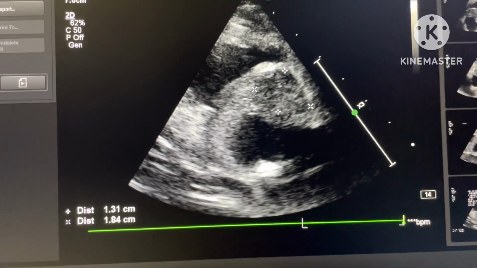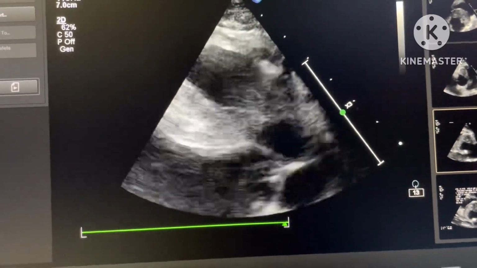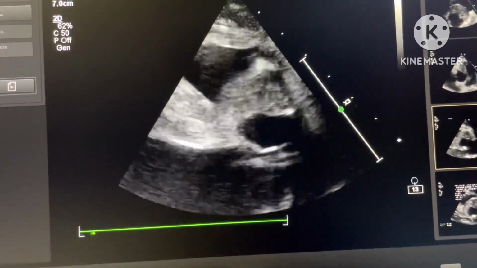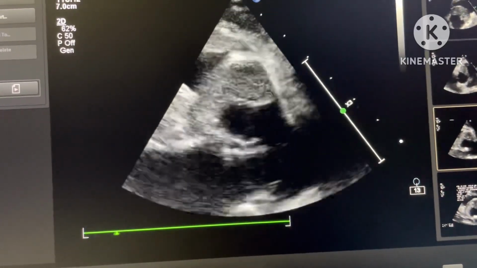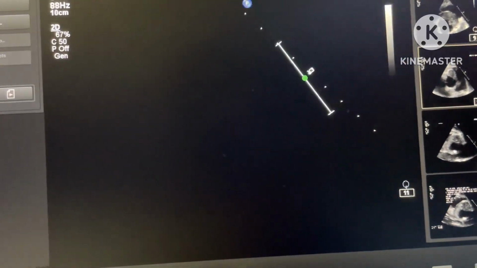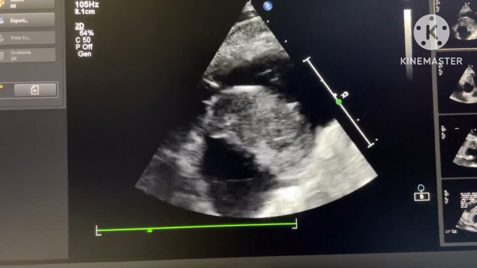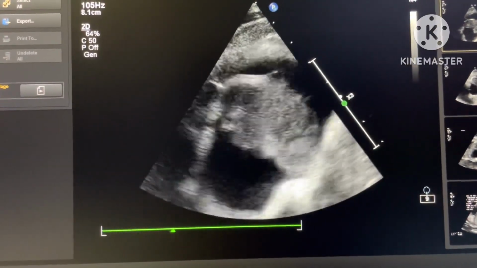See the aortic root abscess. At the same time, vegetation just below the aortic valve. So ultimately, this is a case of anterior aortic valve abscess, that is aortic root abscess.